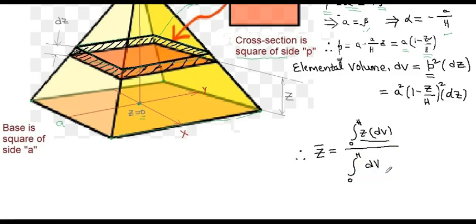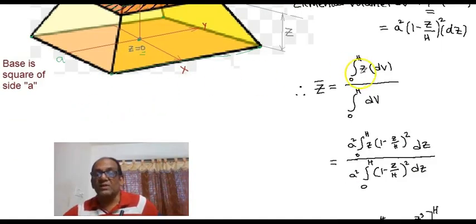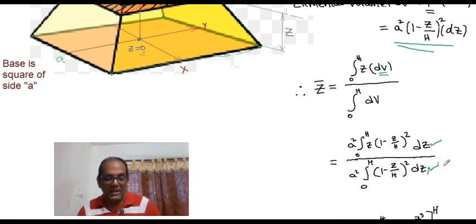We will try to substitute the value of dV into these and try to simplify. Then substitute the value of dV as obtained from here and evaluate the integrals as shown over here. a square integral between 0 to h z multiplied by 1 minus z by h whole square dz, and in the denominator you have integral dV.